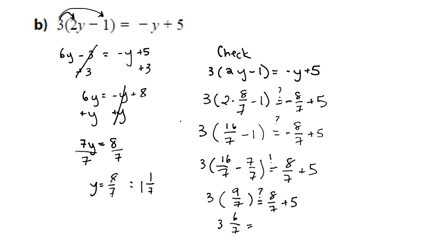When I do negative 8 sevenths plus 5, I've forgotten to write my negative sign here, and it's made me make a mistake. So make sure that you've got your negative signs there to help you. So negative 8 over 7 plus 5 ends up giving me 3 and 6 sevenths. So I know that my answer is correct.